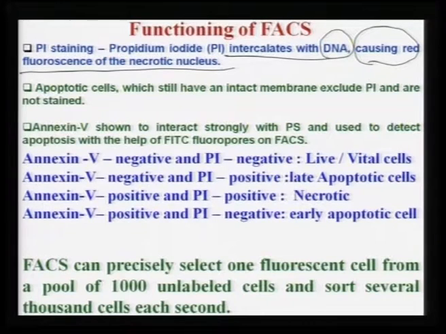If propidium iodide is negative, it is live cells. If propidium iodide is positive, it is necrotic cells. Annexin 5 negative means live cells, annexin 5 positive means apoptotic cells. When both annexin 5 and PI are positive, the cells are not alive anymore.